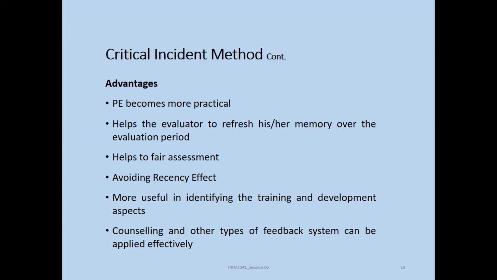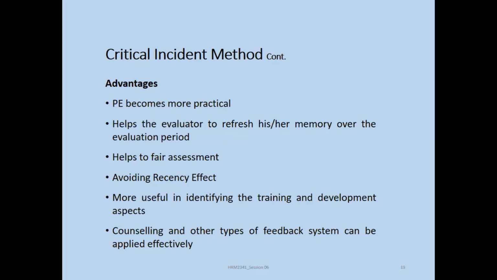As an example, there are 10 production supervisors under the production manager. If the production manager does not maintain his logbook properly, at the evaluation, supervisor A is performing well more recently.